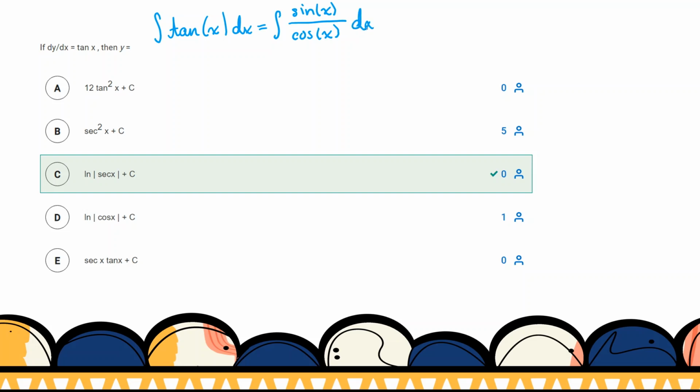Here, I'm going to let u equal cosine of x, so that du equals the negative sine of x dx, and that dx equals du divided by negative sine of x. So I did this because now my sine of x's will cancel out.